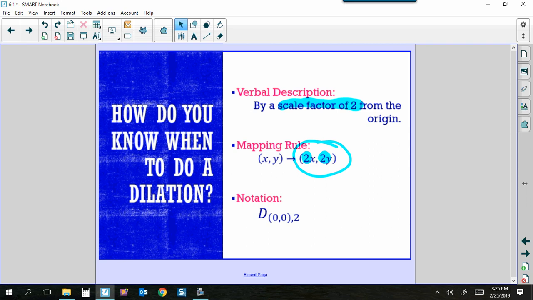For those that need a reminder, a coefficient is a number that is being multiplied by the variable. So 2 is a coefficient to x. Up until today, you were only adding or subtracting numbers for your translation rules. Now we're actually going to bring in multiplying. The nice thing is it's always the same number for x and y.